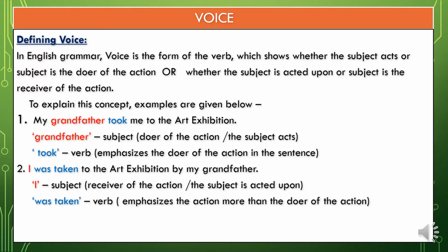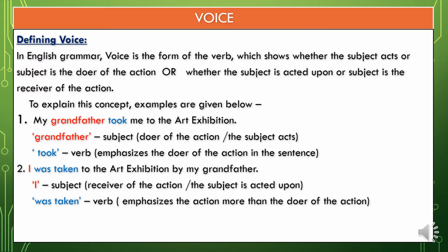The first example is, my grandfather took me to the art exhibition. Now look at this sentence. Generally, sentences have a common structure, that is subject, verb and object. That is the basic structure of a sentence. Here, my grandfather took me to the art exhibition.